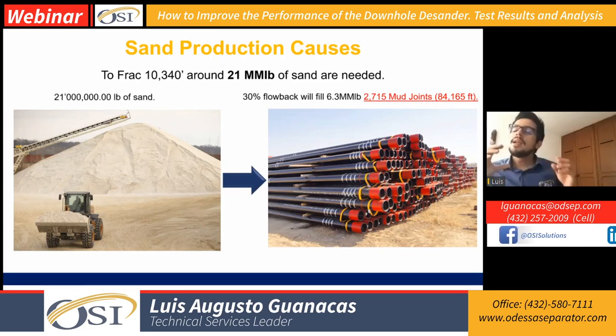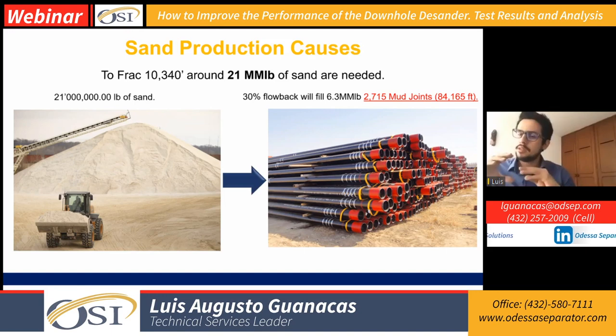From the total amount of sand you are injecting in your well, on average, you can expect a flow back of 30% of the sand injected. If we go specifically to the case of my well, we used 21 million pounds of sand, right? So we are going to have 6.3 million pounds of sand back, which means I have enough sand to fill 2,715 more joints.